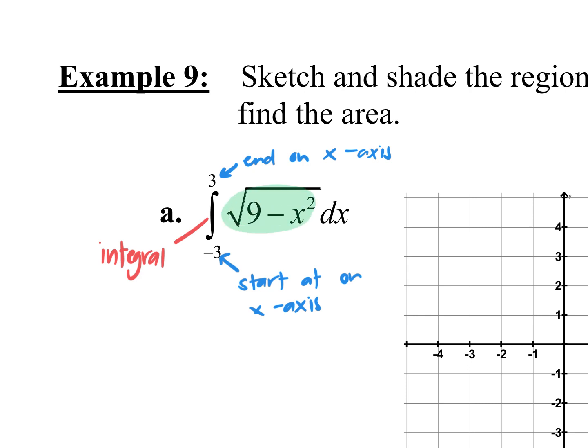This thing right here is your function. So that is your f of x graph that you're going to actually graph in between those two points of -3 and 3. The dx part should look kind of familiar in the sense of derivatives and things. We'll talk about what that specifically means probably next class.